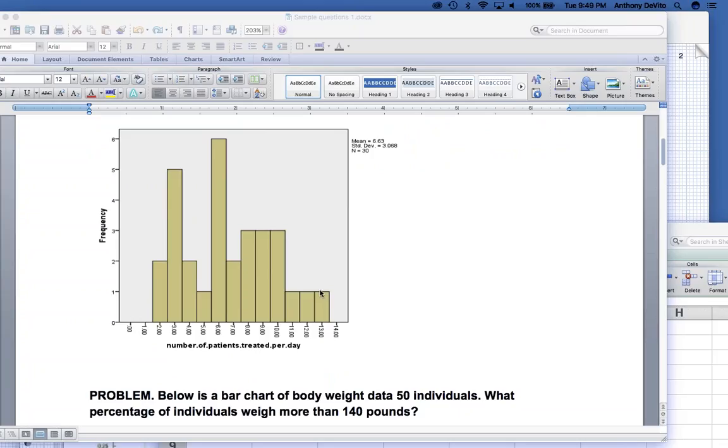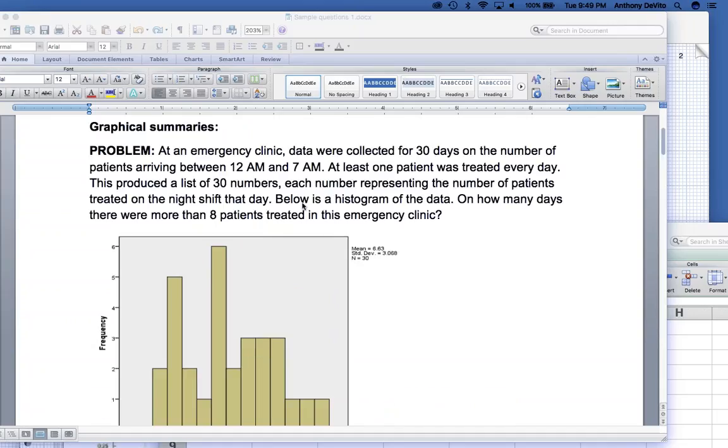There's only one day where 13 patients were treated, and only one day with 12 or 11. There are 3 days where 10 patients were treated, 3 days where 9 patients were treated, and 3 days where 8 patients were treated.